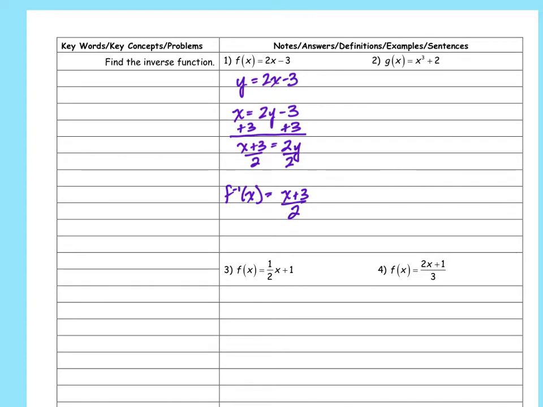Okay? So because I'm not going to graph this, I don't have to do the x divided by 2 plus 3 halves. I don't have to divide it into the separate fractions. You can if you want to, but you don't have to. I can just leave it just like this. If I'm putting it into the chat box, I would enter it this way, (x plus 3) divided by 2.